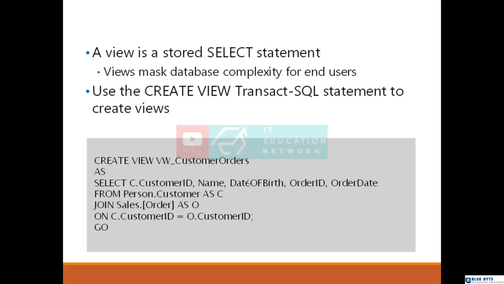So by this we can retrieve the data. It's similar to a query, but this time we use it as a create view, which can be saved and displayed when we need.